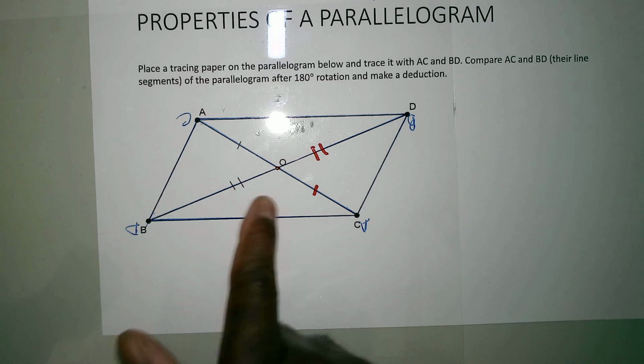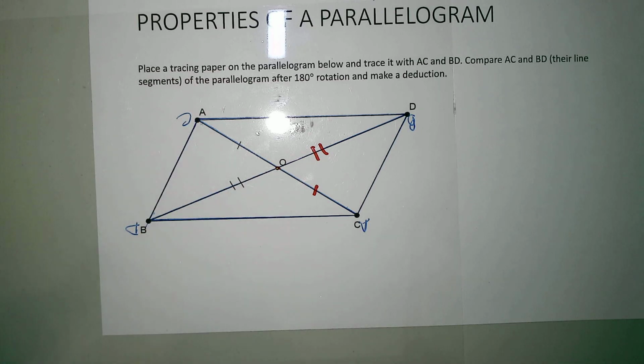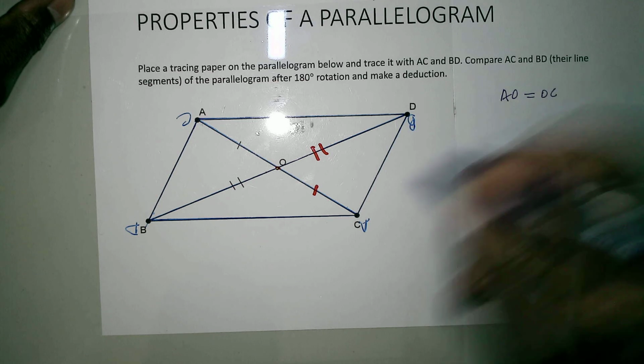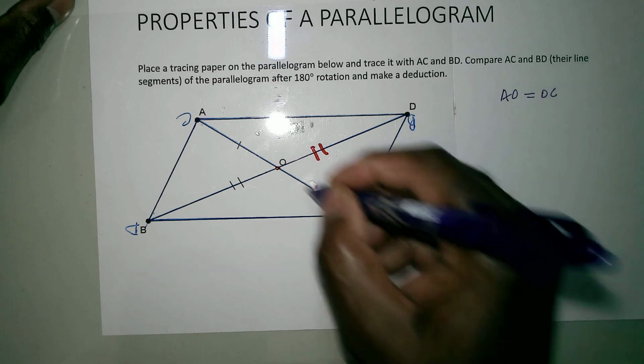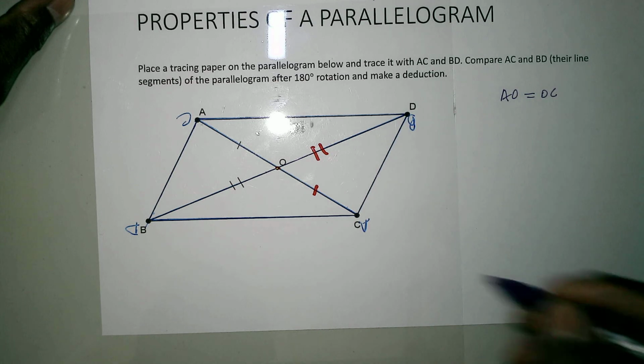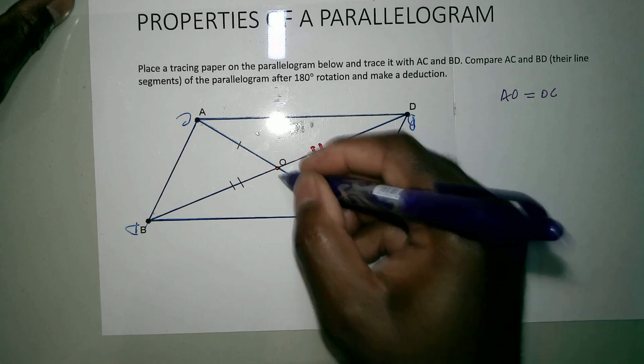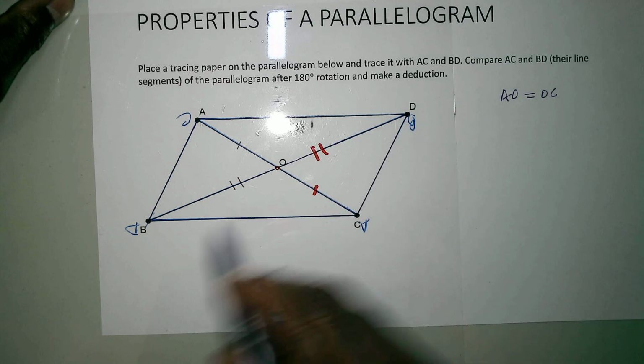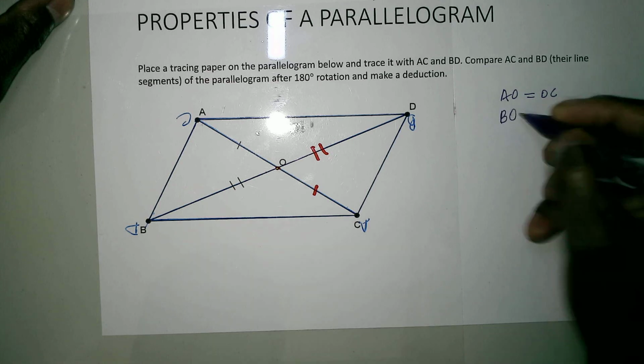So it tells us the diagonals bisect each other. You can see this side and this side and that side. They bisect each other.